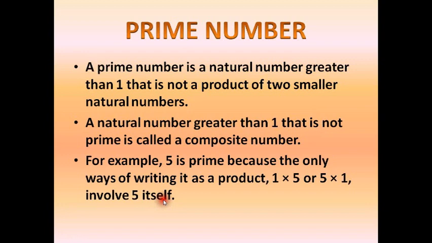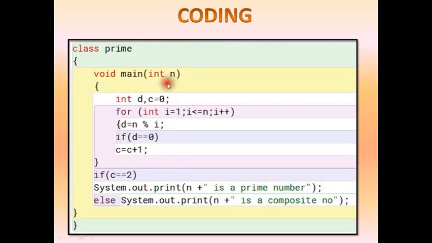So we have taken class prime. We took void main int n, the number which we are accepting from the user. We also took int d and c. See, d will be for checking if the number is divisible or not, and c is to count the number of factors. We are running a simple for loop, int i equal to 1, i less than or equal to n, i plus plus.